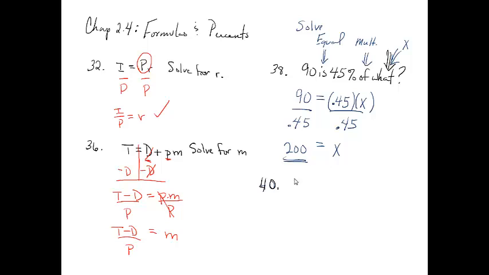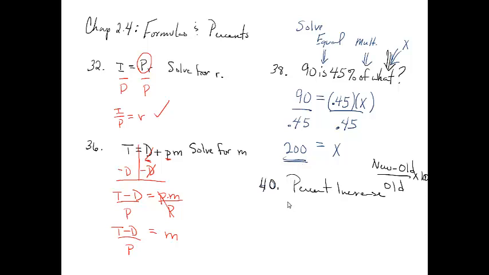So I'm looking for a percent increase here. Now I like using a different formula than the book. My formula is new minus old divided by old times 100. New minus old divided by old times 100.